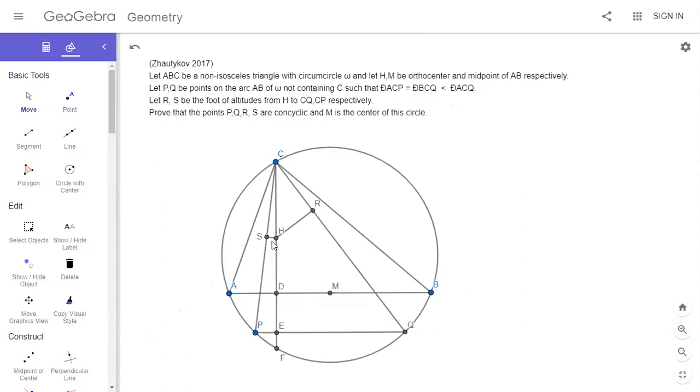Why is H the midpoint of CE? Oh, yeah, no, H isn't necessarily the midpoint of CD. It's my bad.